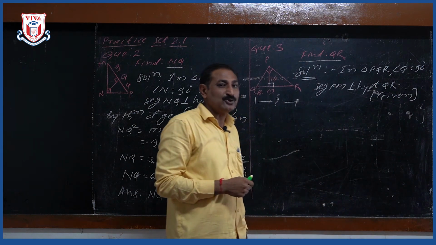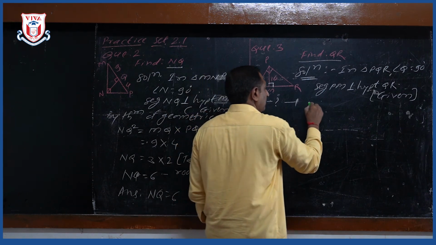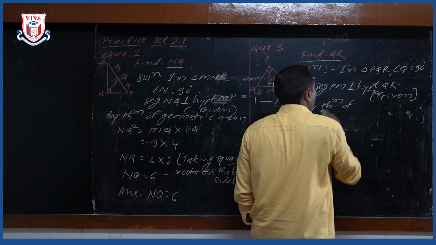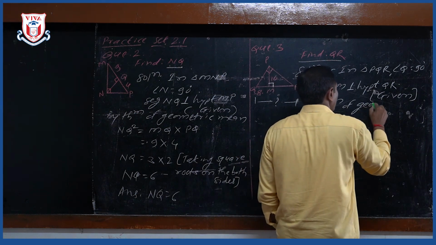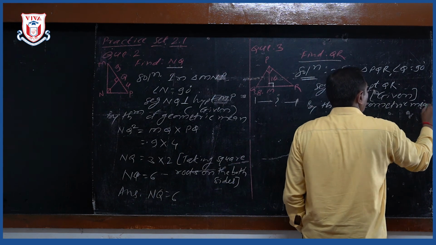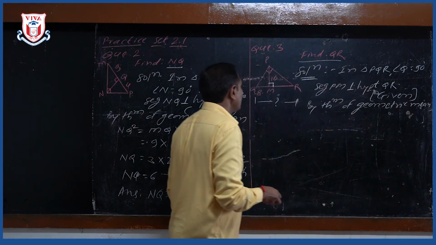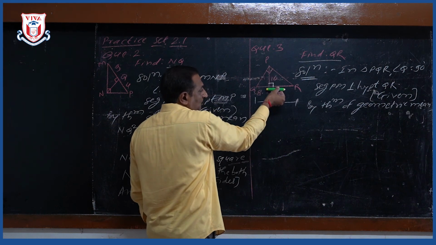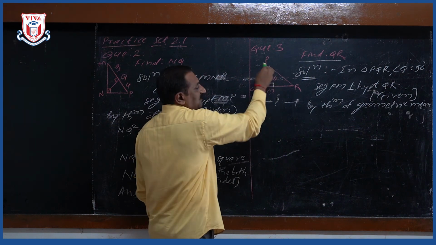Similarly, by theorem of geometric mean, here this PM is perpendicular to the hypotenuse, hence this PM is the geometric mean.